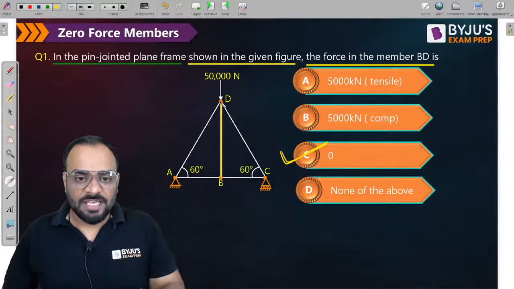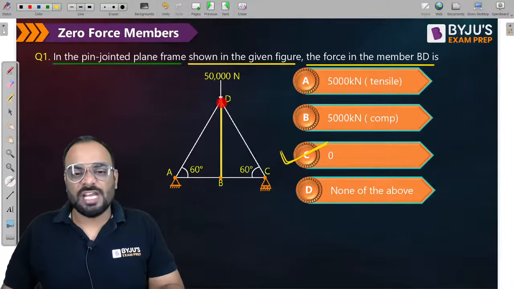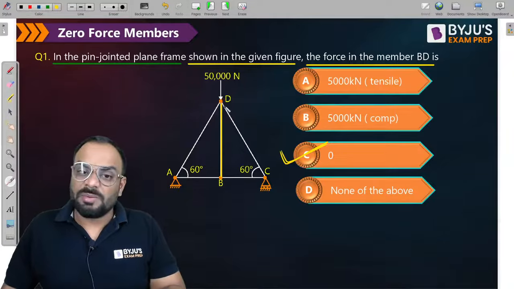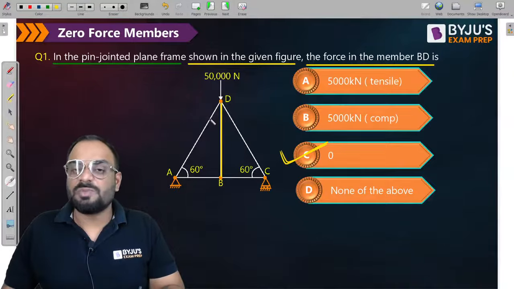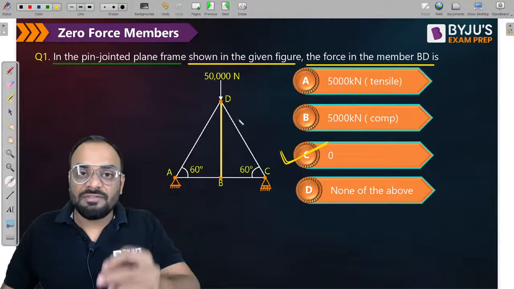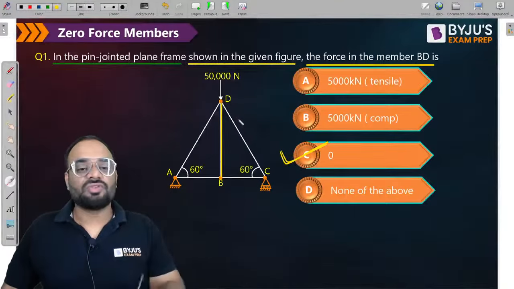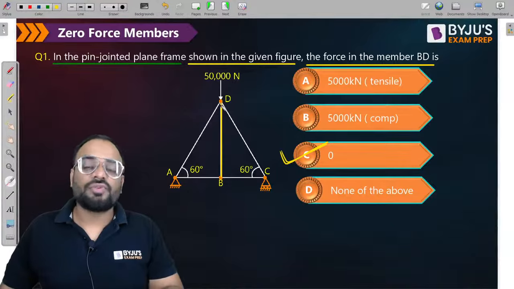Now tell me guys, if I consider joint D and apply the joint equilibrium equation, that will be difficult for me, right? Why? Because there are three members meeting at this particular joint, and if I apply summation Fx = 0, summation Fy = 0, all three members will have their component in both the equations, and that's why it is difficult to solve this particular member from joint D.